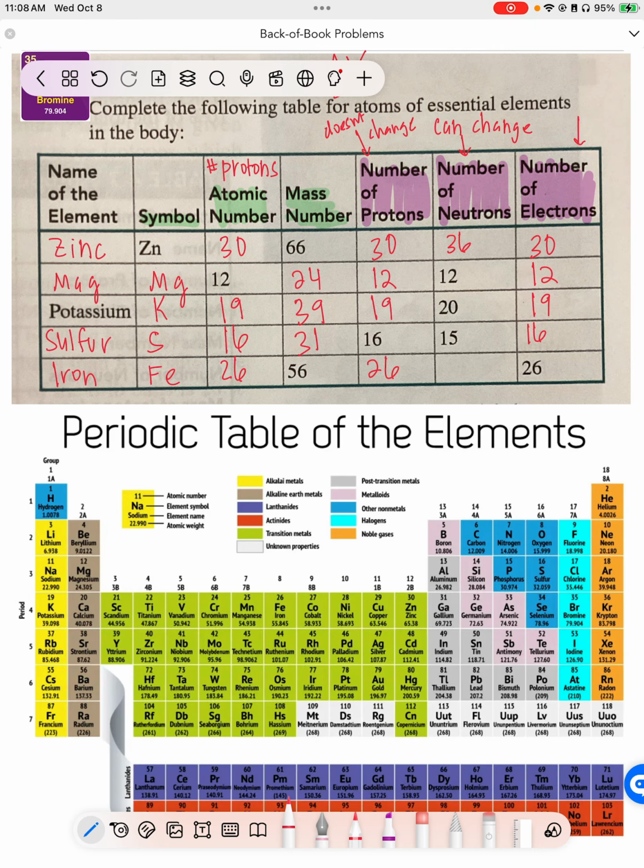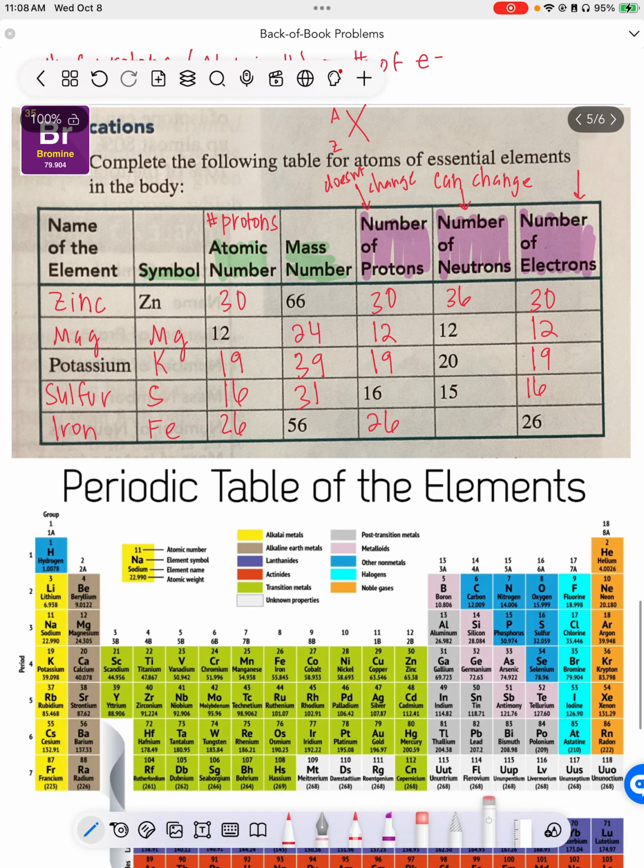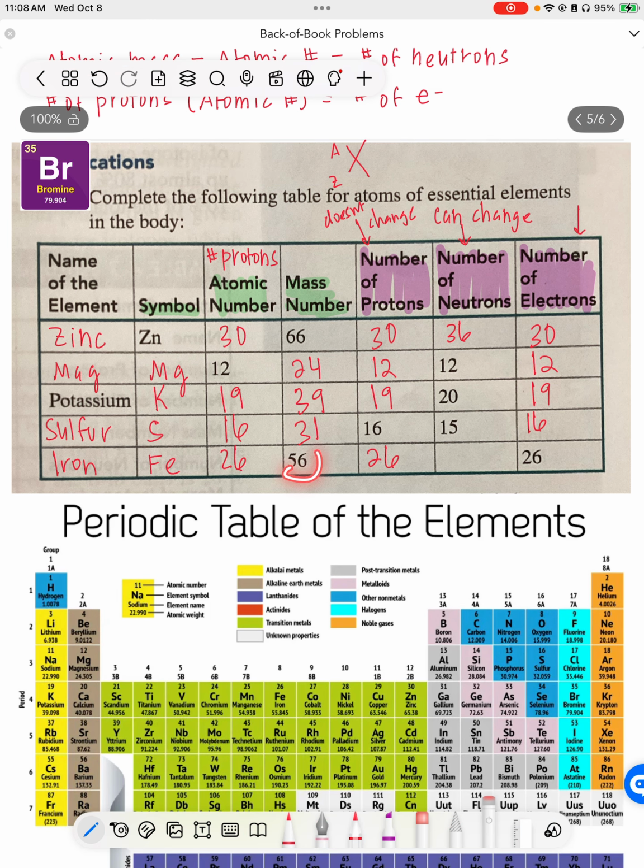It already gives us a mass, but what we need last is the number of neutrons. And can you remember how we can find the number of neutrons? So number of neutrons is just mass minus atomic number. So we have 56 minus 26, which gives us 30 neutrons.